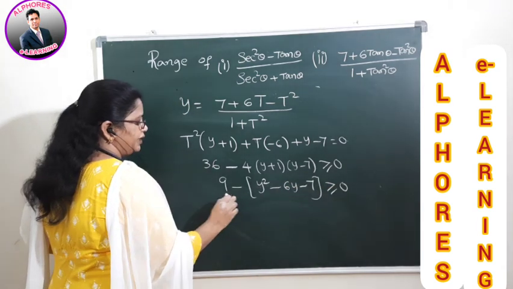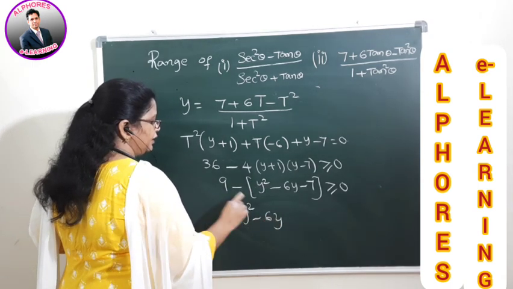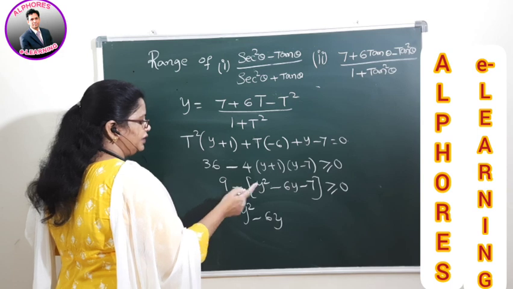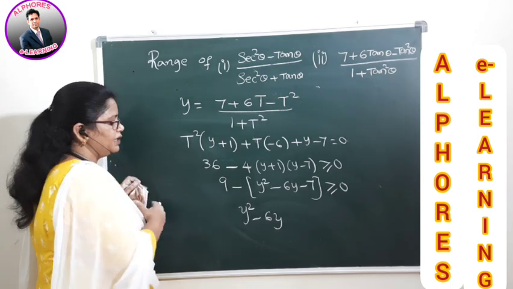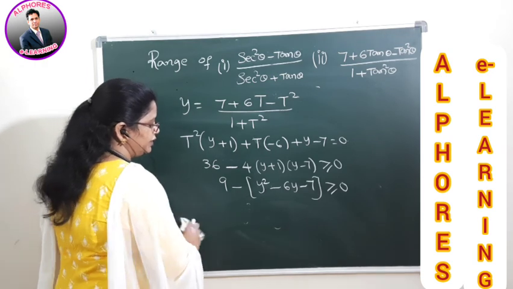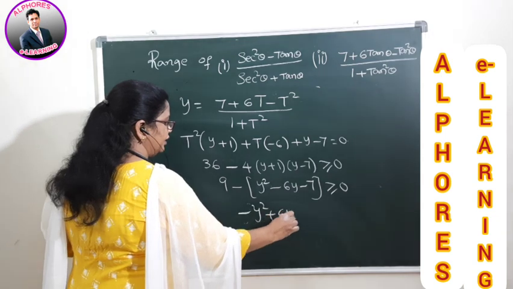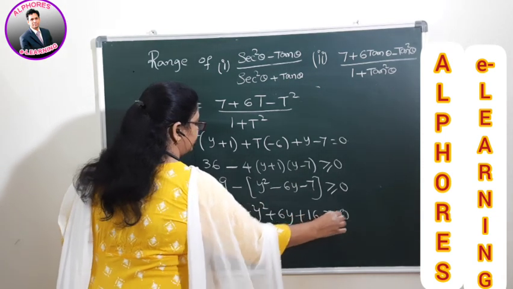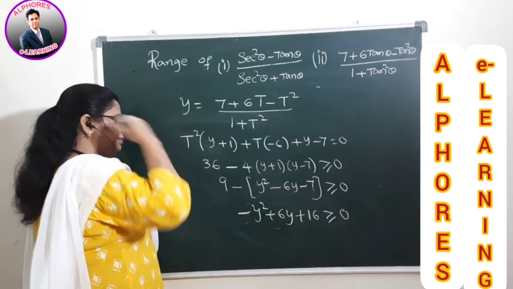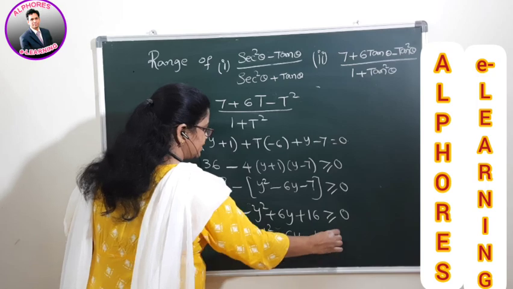That implies, if I multiply by minus symbol again, y square minus 6y, and if I do simplification, 9 plus 7 means plus 16, so the result is y square minus 6y minus 16 is less than or equal to 0.